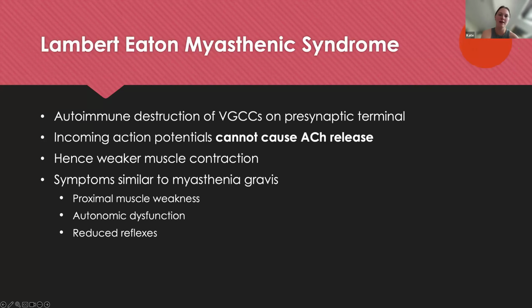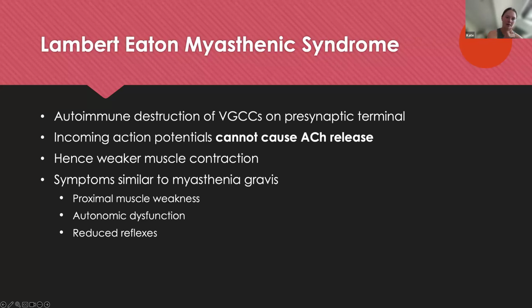This is another condition. This is not on the spec. This is Lambert-Eaton myasthenic syndrome, sometimes called LEMS. And this is autoimmune destruction of the voltage-gated calcium channels on the presynaptic terminal. So myasthenia affects the postsynaptic membrane, LEMS affects the presynaptic terminal. And so incoming action potentials can't cause acetylcholine release because there's not enough calcium influx to allow that to happen.